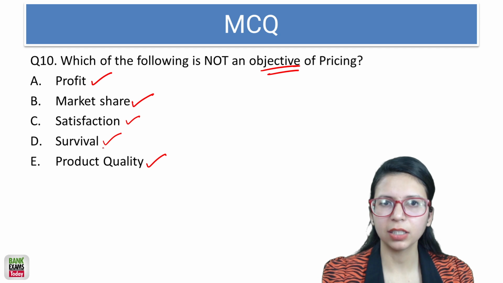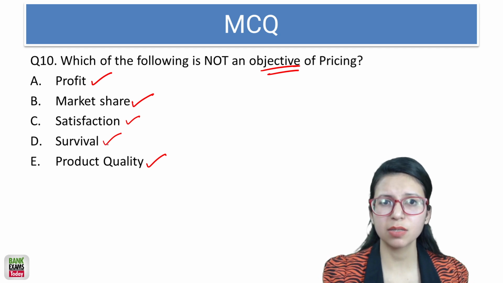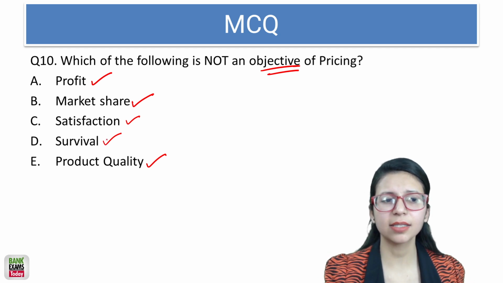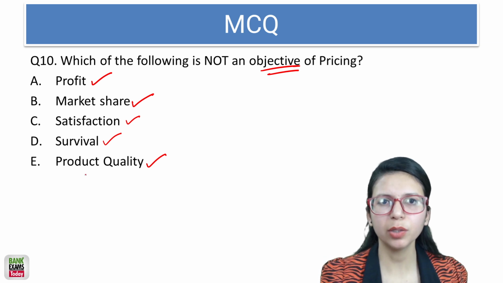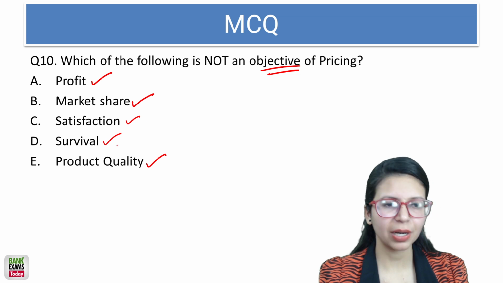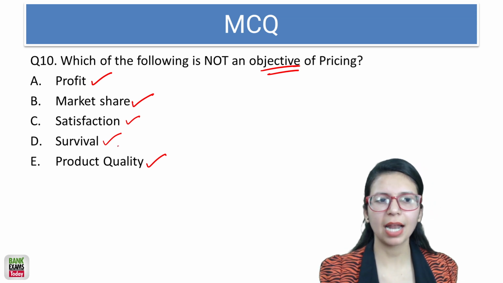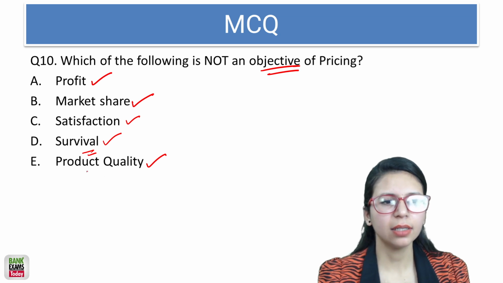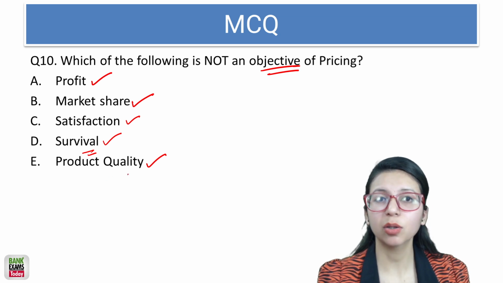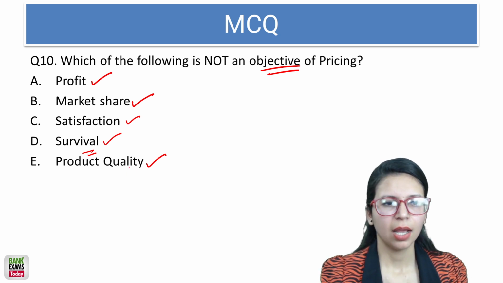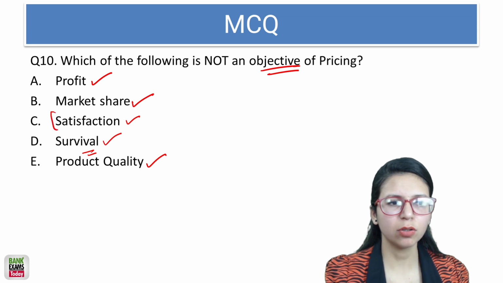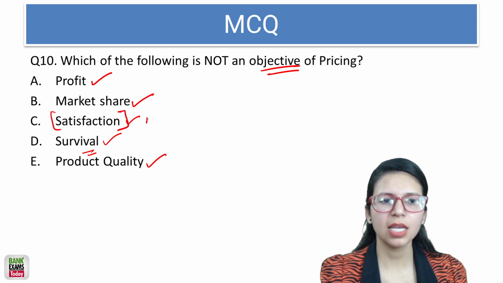And survival, that with setting a price, only then we can survive in the market, otherwise nobody will do business, right? So pricing and earning profit will help us in survival. And product quality. Obviously, if the quality of product is good, the price will be set accordingly, right? And so the left out option C is our answer.